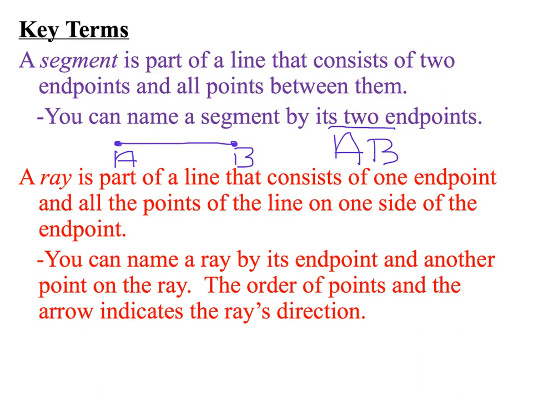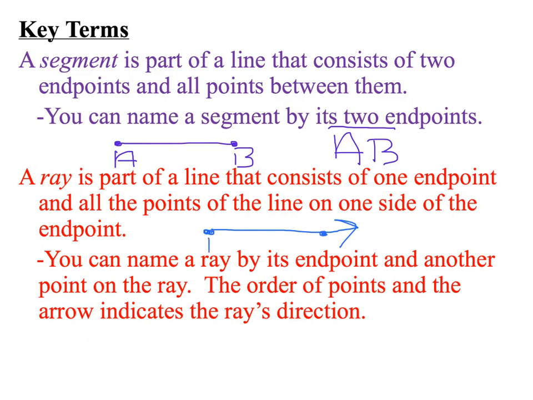A ray is a part of a line that just has one endpoint. And so when you're thinking of a ray, I usually talk about a sun ray. So it has one endpoint, and then the other point goes on forever. So just like the sun, it starts at the sun and then it goes on forever.